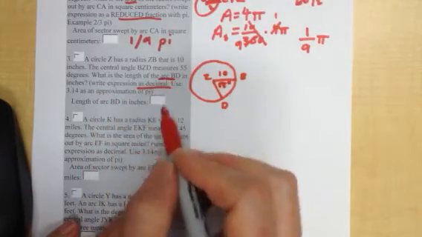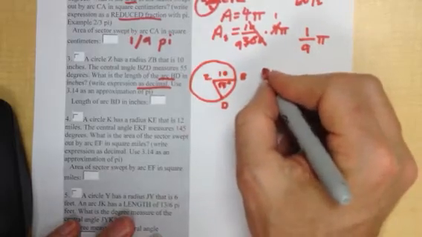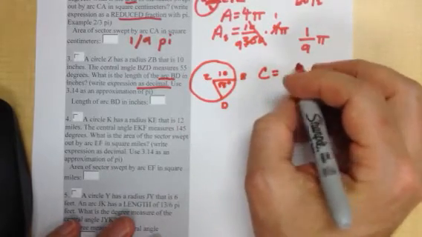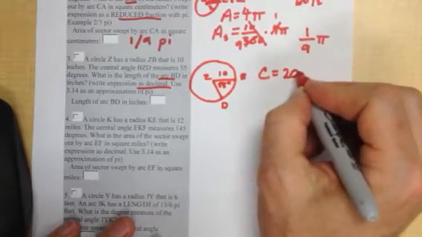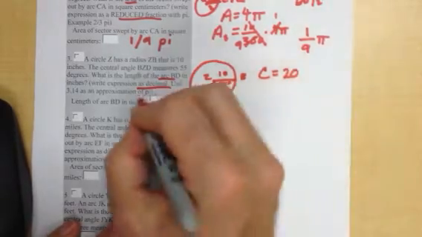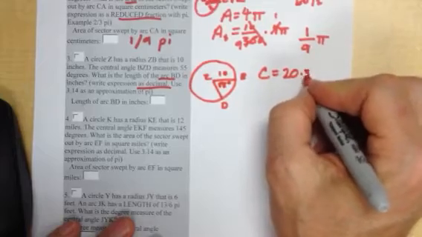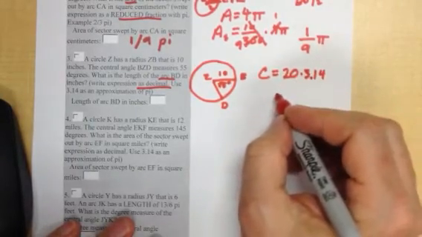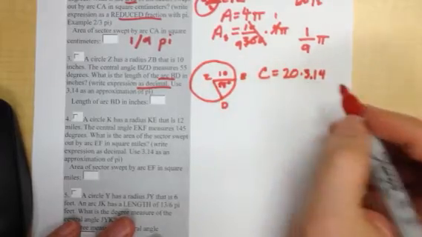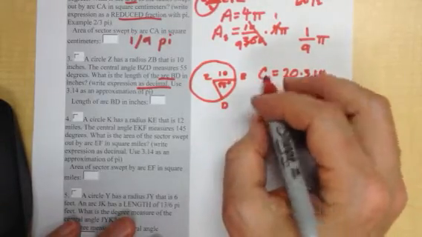And once again, I'm looking for arc length. So I'm going to find the circumference first. Circumference is 20 times 3.14, because I'm going to get an approximate answer. And then because I want to just figure out that fraction of it, I'm not going to multiply that out yet. I'm going to pull my calculator out in a minute.